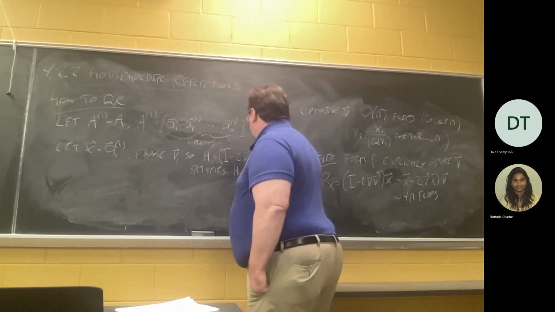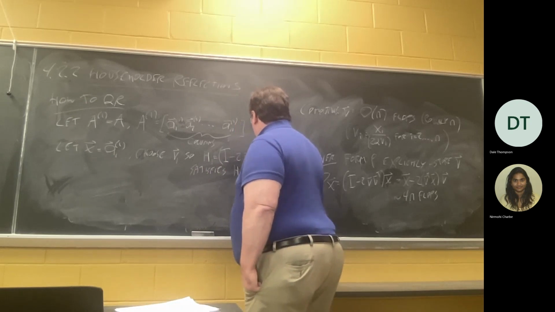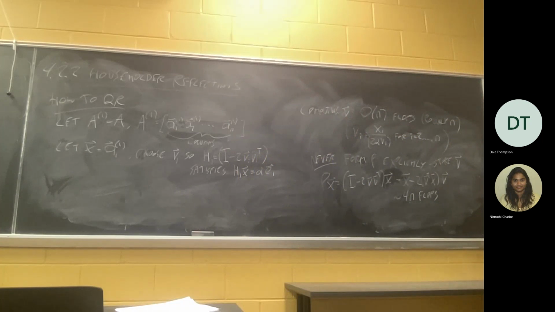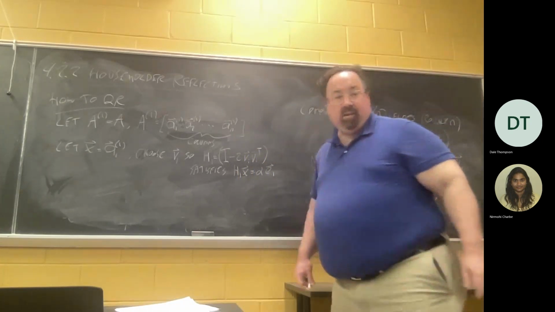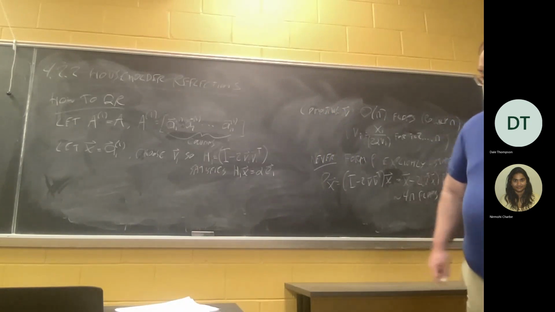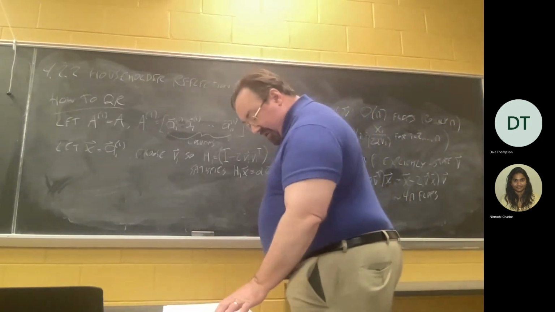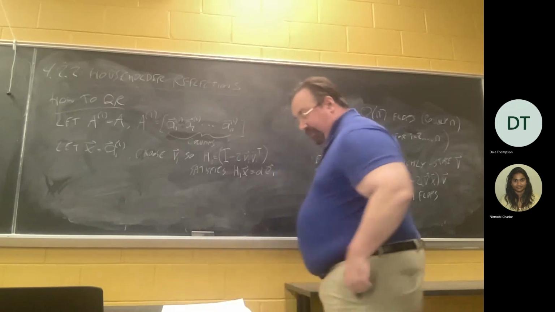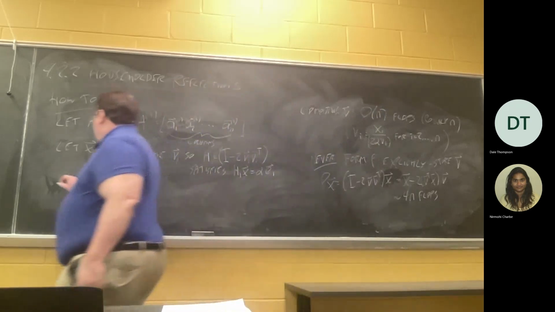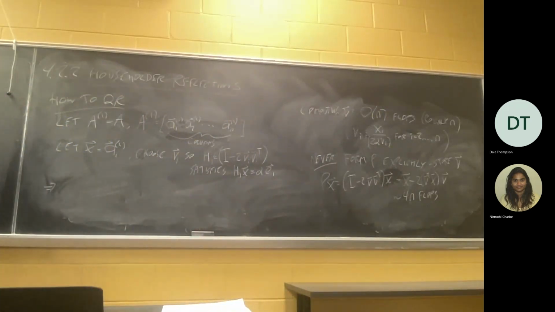And I want H1 applied to this vector X to be a multiple of E1. So I'm going to wipe out all entries except the first.